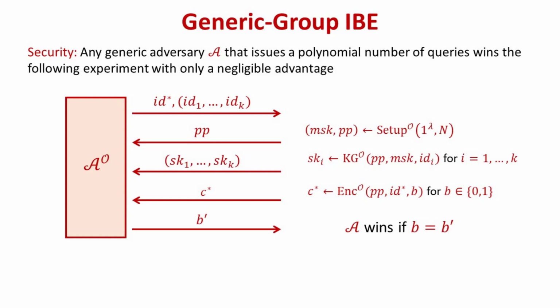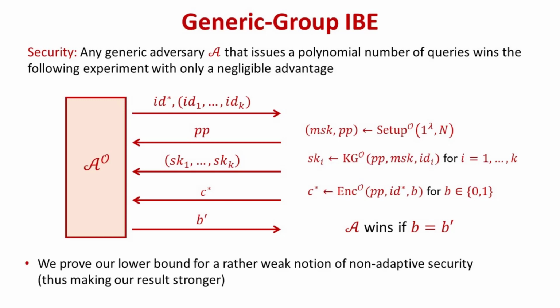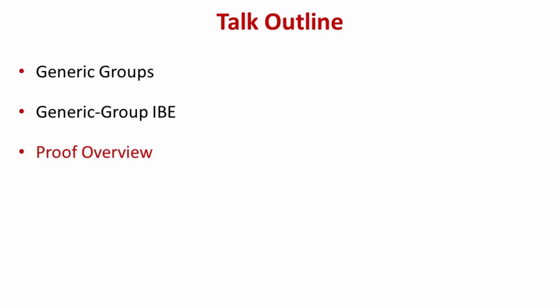At this point, the adversary outputs a bit B prime, and we say that the adversary wins if B prime is equal to B. Notice that we consider a rather weak notion of security in which adversaries are non-adaptive in their choice of both the challenge identity and the identities for which secret keys are provided. Since we prove an impossibility result, this only strengthens the result.